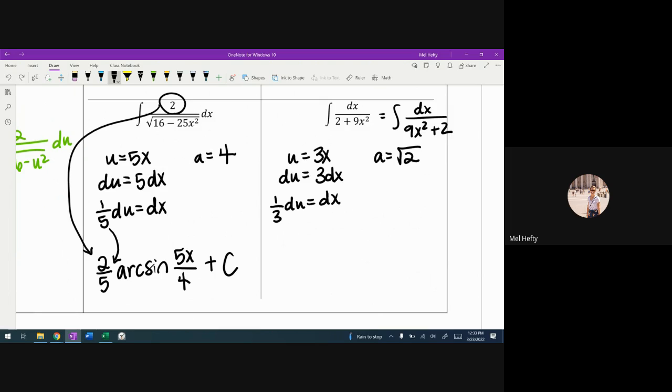You said arctangent. Is that the one with the 1/a out front? So I have 1 over square root of 2. Who's going to join that square root of 2? Yeah, the 1/3. So I'm going to do 1/3 root 2, arctangent u/a, so 3x over the square root of 2 plus c.